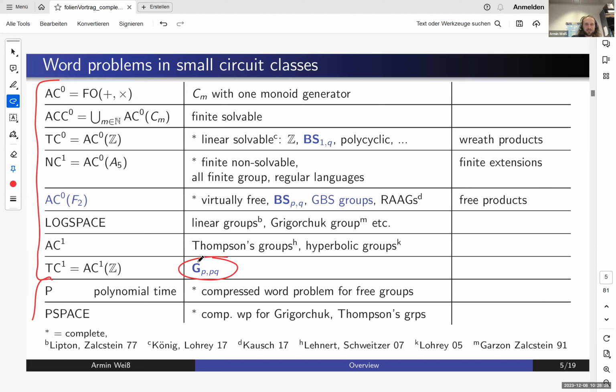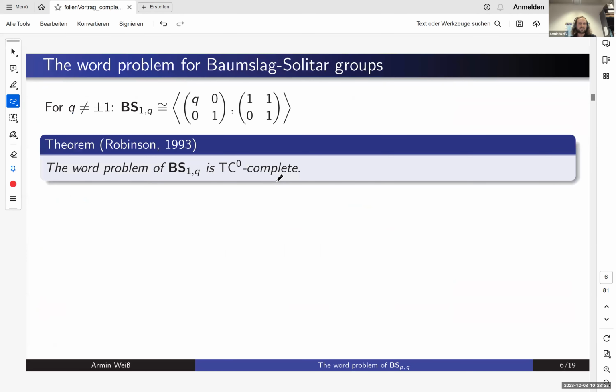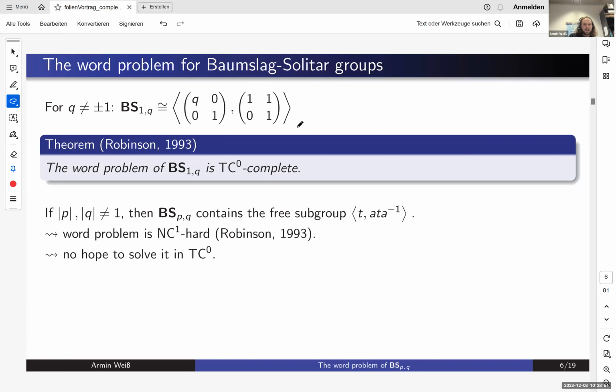And now I want to give some small details on how to show this Baumslag-Solitar group result and Baumslag group results. If we consider those solvable Baumslag-Solitar groups, we have this matrix representation. And Robinson already used it in 1993 to show that the word problem is TC0 complete.